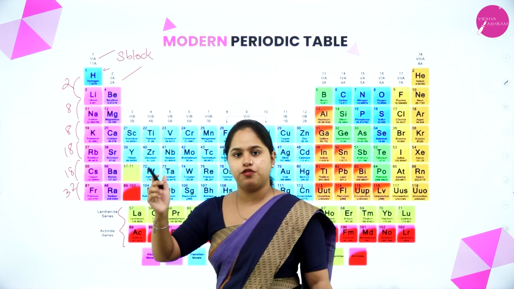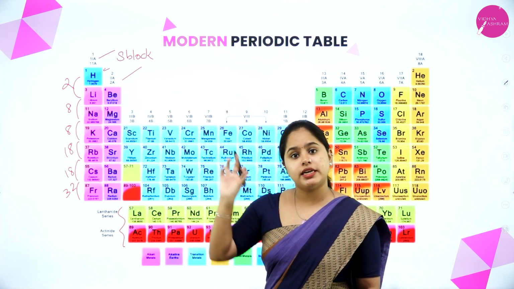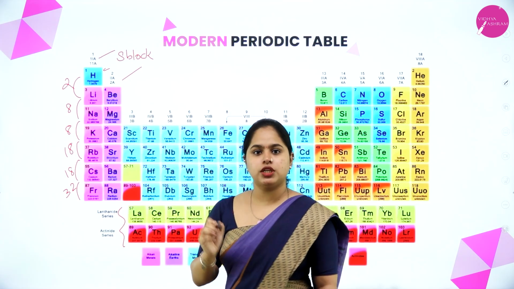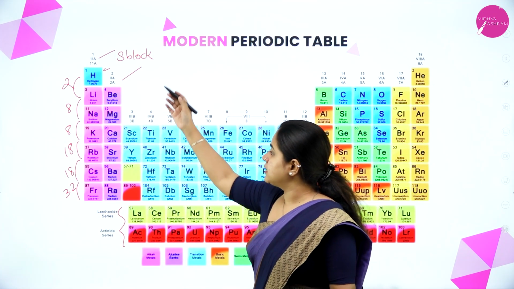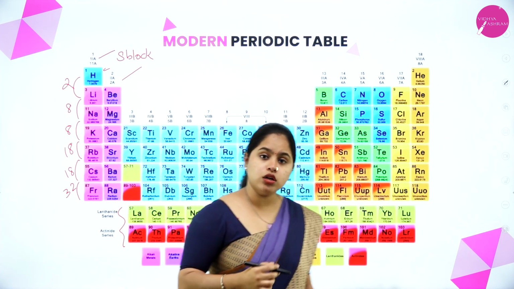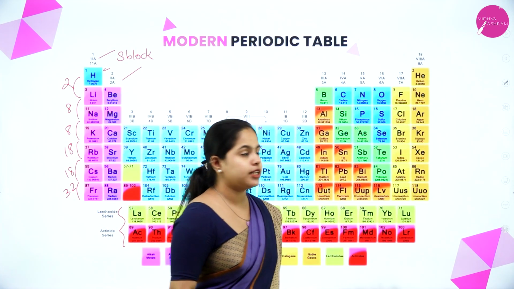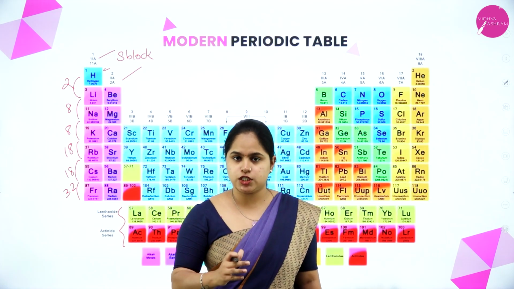Now about the hydrogen element, as you can see, the whole of it is in the same color, right? But hydrogen is different. Hydrogen actually does not belong to the first group. It is placed there separately. Why? Because in hydrogen, there is only one electron present. So hydrogen can act as an alkali metal. Also, it can act as a halogen. What is the speciality of a halogen? It needs just one more electron to fulfill its octet, right?